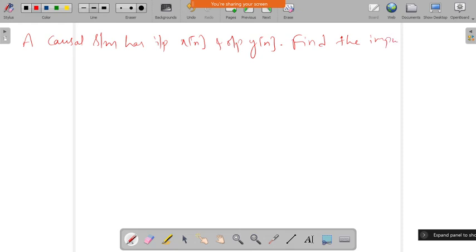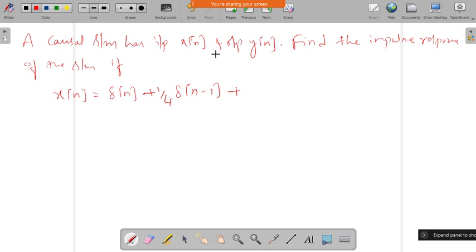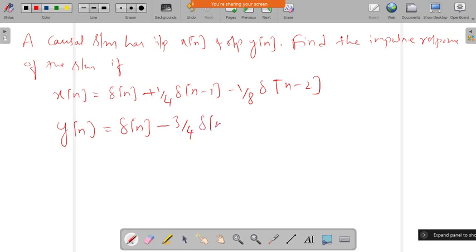Find the impulse response of the system if x(n) = δ(n) + 1/4 δ(n-1) - 1/8 δ(n-2), and this is x(n), and y(n) = δ(n) - 3/4 δ(n-1).